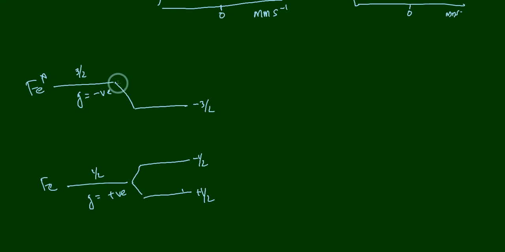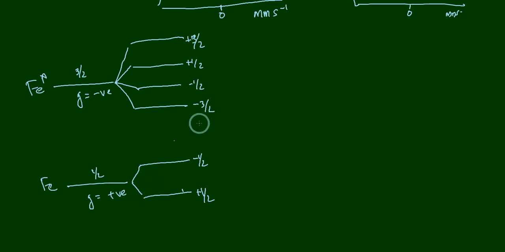Then comes I equal to minus 1 by 2, then comes I equal to plus 1 by 2, and then comes I equal to plus 3 by 2. See, here it is different. Here the plus has lower energy, and here the minus has the lower energy. This is because of the G values. So this is the situation in the case of the ion.